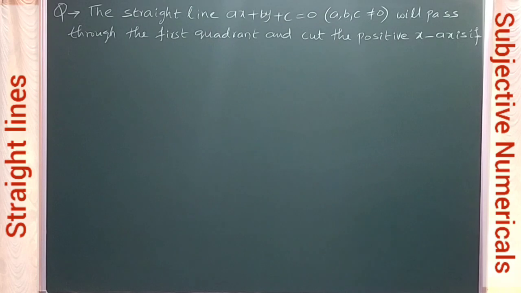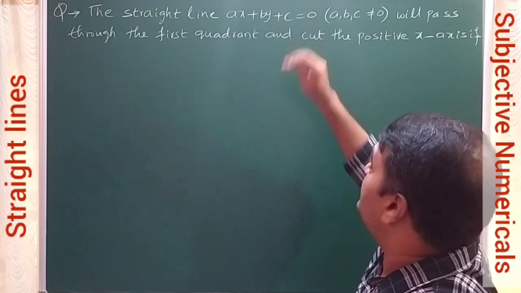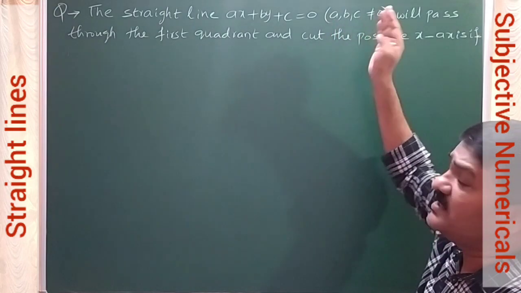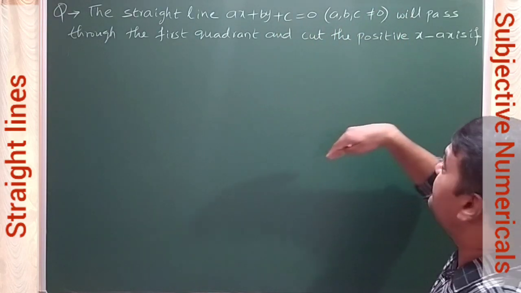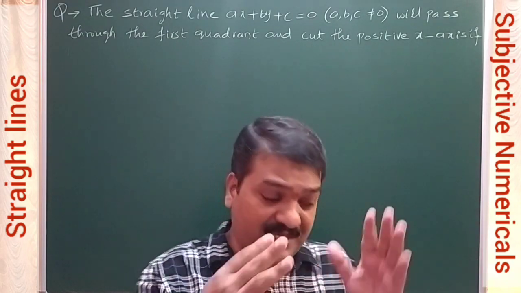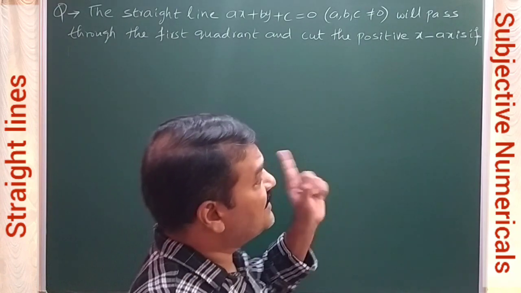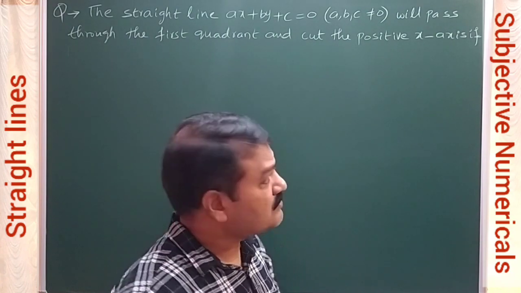So this is the next question. The straight line ax plus by plus c is equal to 0, where a, b, c are non-zero coefficients, will pass through the first quadrant. So the straight line passes through the first quadrant and cuts the positive x-axis.